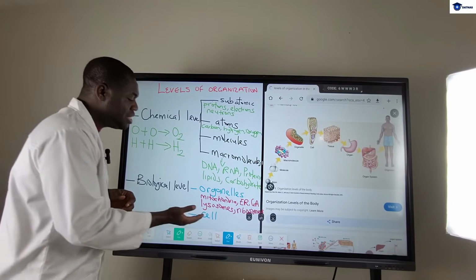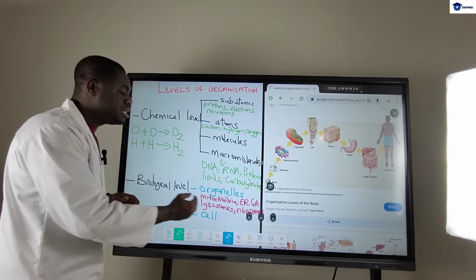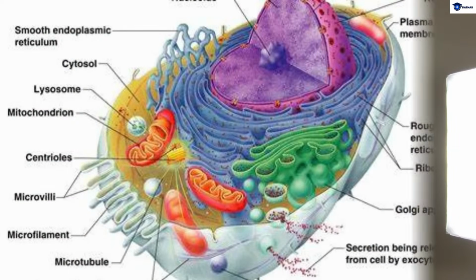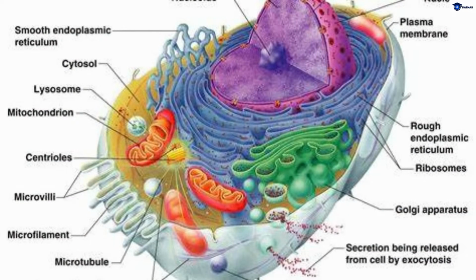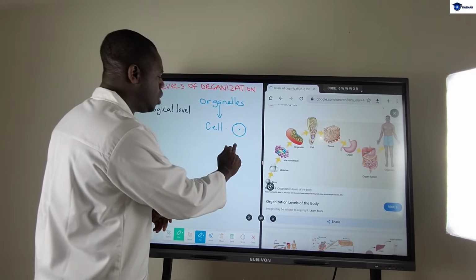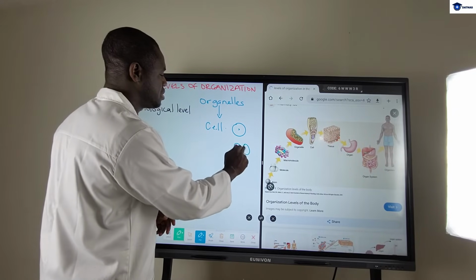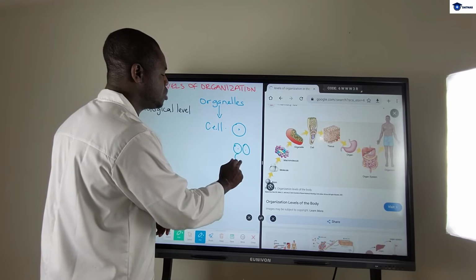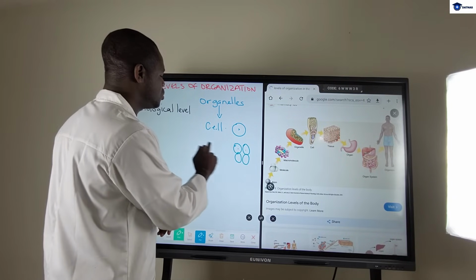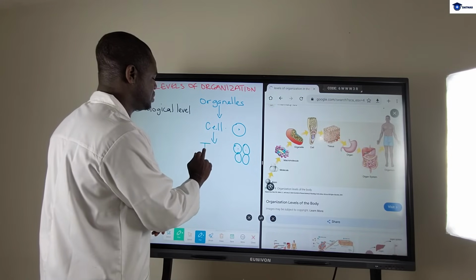That is, within the cell, you will find two or more organelles. Two or more cells come together to form tissue.